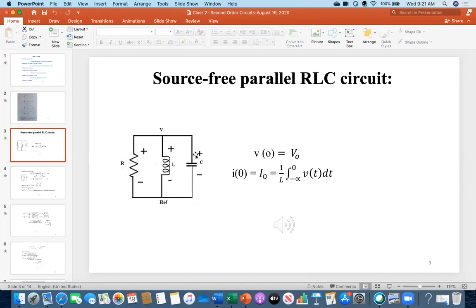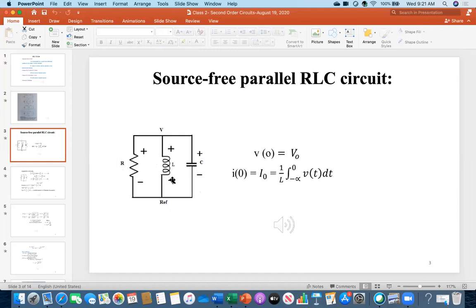This is a parallel circuit, but there is no source. The assumption is that initially there was a source connected, for example a current source or a voltage source, and the circuit was running. Suddenly, the source has been disconnected.